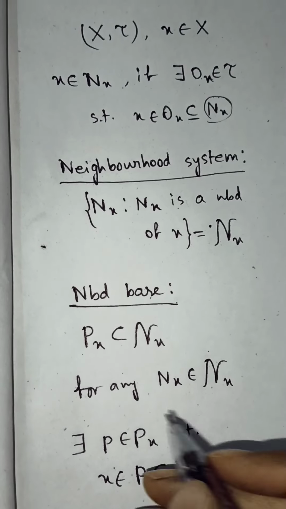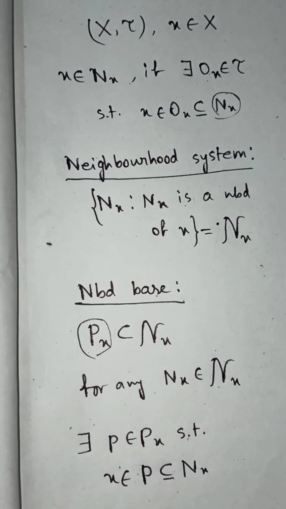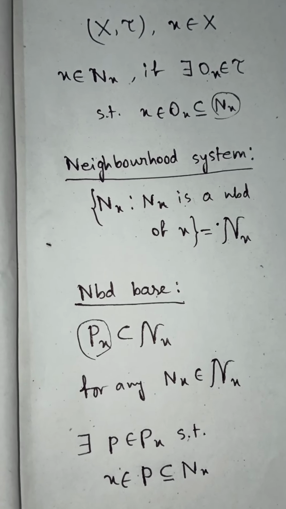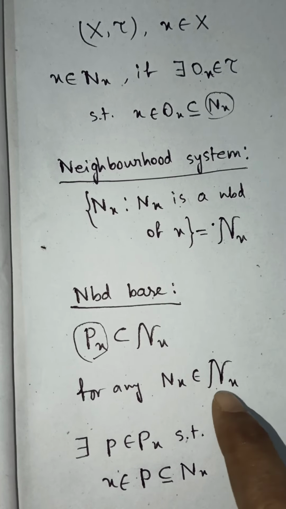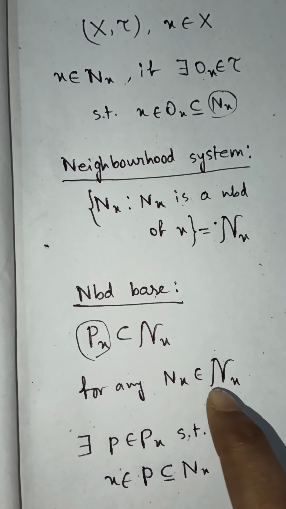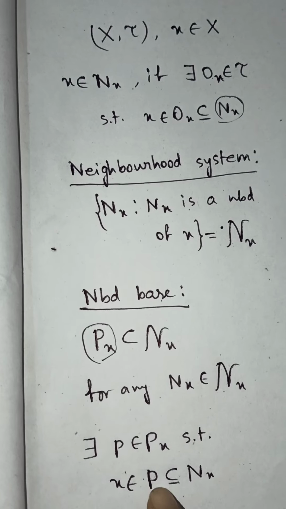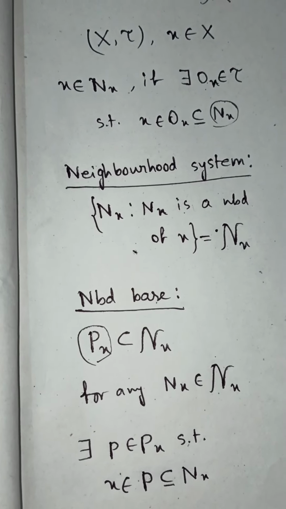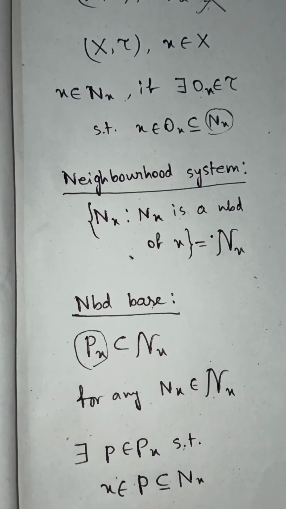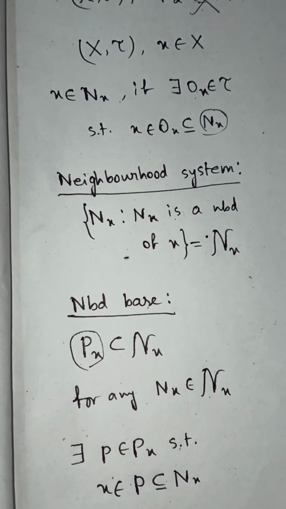Then the set Px is said to be the neighborhood base. That is, for every neighborhood in the neighborhood system Nx, there must exist a subset P contained in it. Then the set Px will be called the neighborhood base of that system.